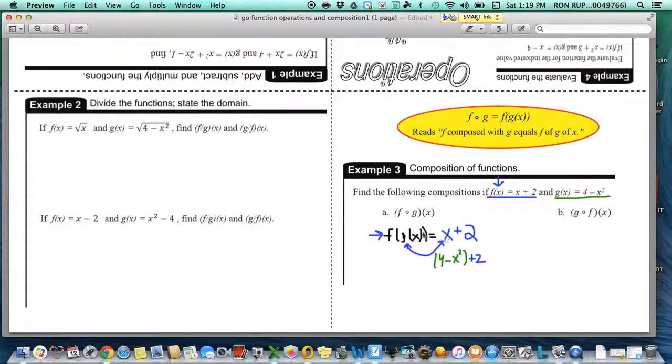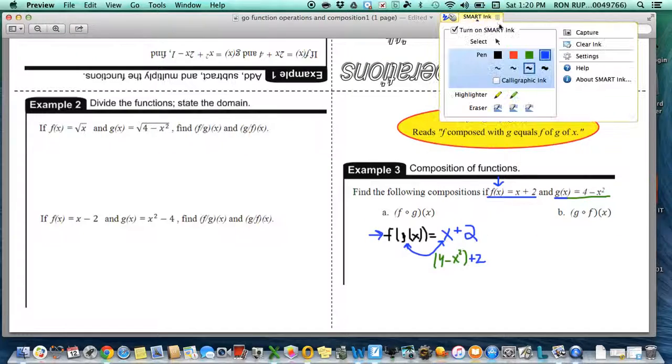Nothing changed in my f of x function. Instead of x, I replaced it with what it told me to replace it with, which was g of x, 4 minus x squared. If it helps you, you can rewrite this as f of x, x plus 2, then change the x to g of x, and on the next line replace your g of x with 4 minus x squared.